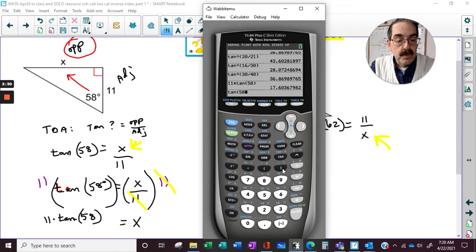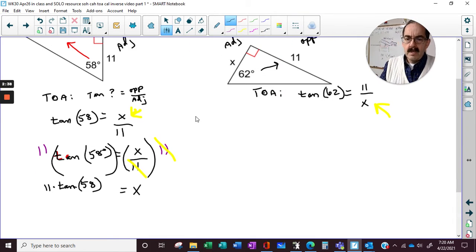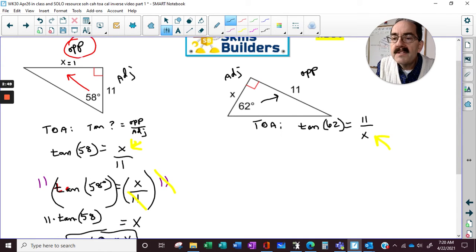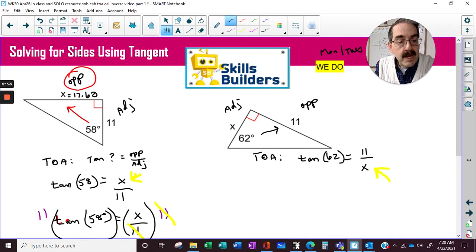Make sure you close the parenthesis before you multiply times 11. 17.60 equals x. Scroll back up here and write it in there. 17.60. All right? So, we are doing these together.